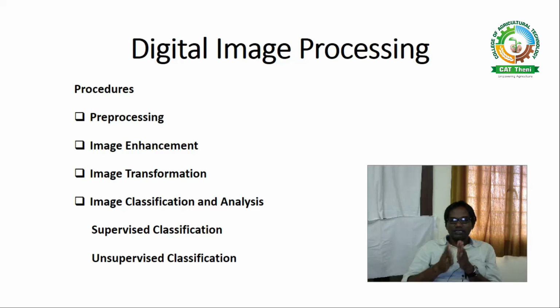That is called unsupervised classification. Regarding unsupervised classification, we don't need additional knowledge to do this process, and it will minimize the errors in the image. But regarding supervised classification, we have to have the technical knowledge to classify the image.